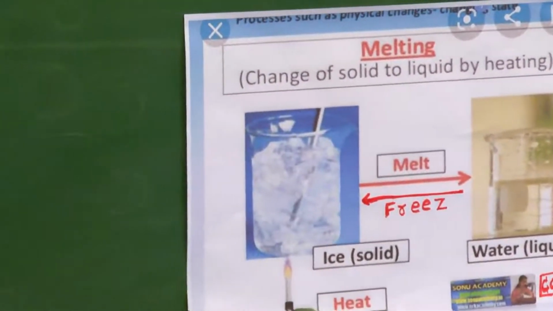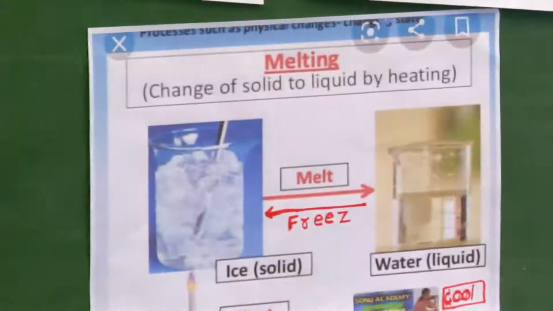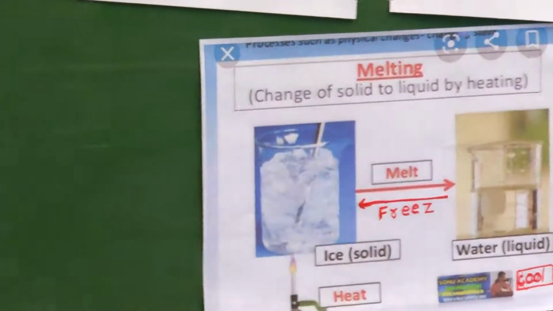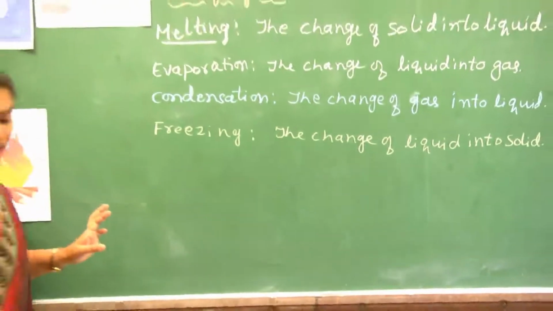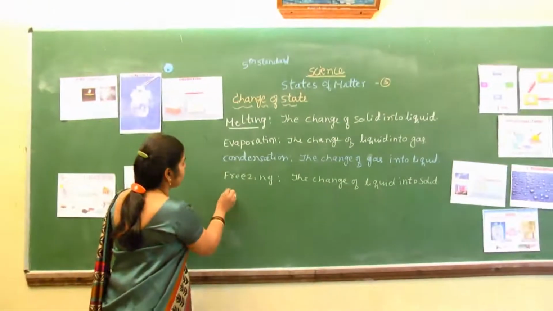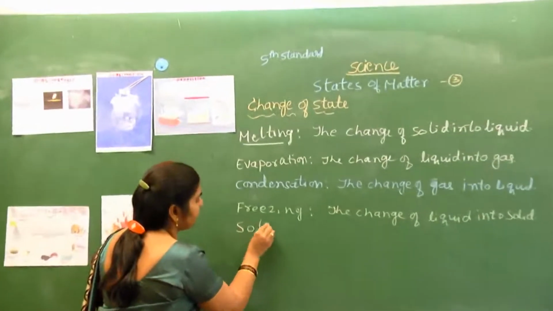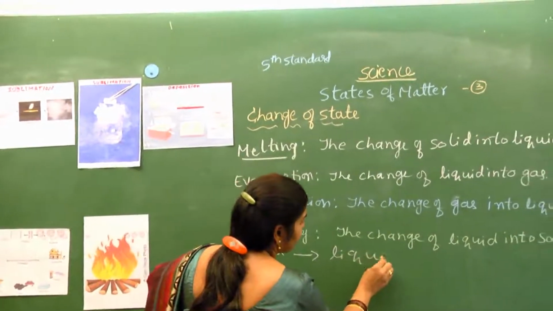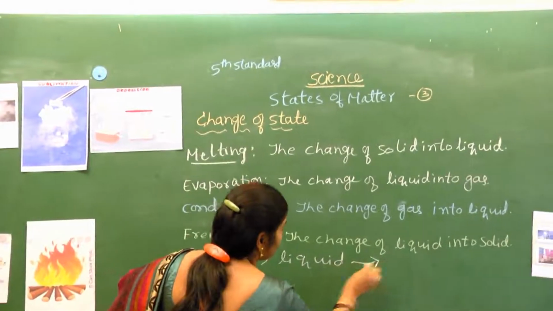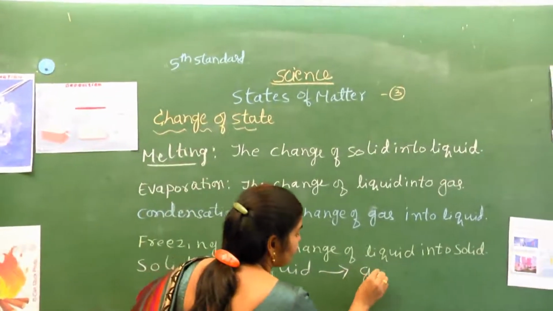And the next one we are going to consider is about some of the processes where the steps are not followed. Here, in the conversion, solid gets converted into liquid, and liquid gets converted into gas.